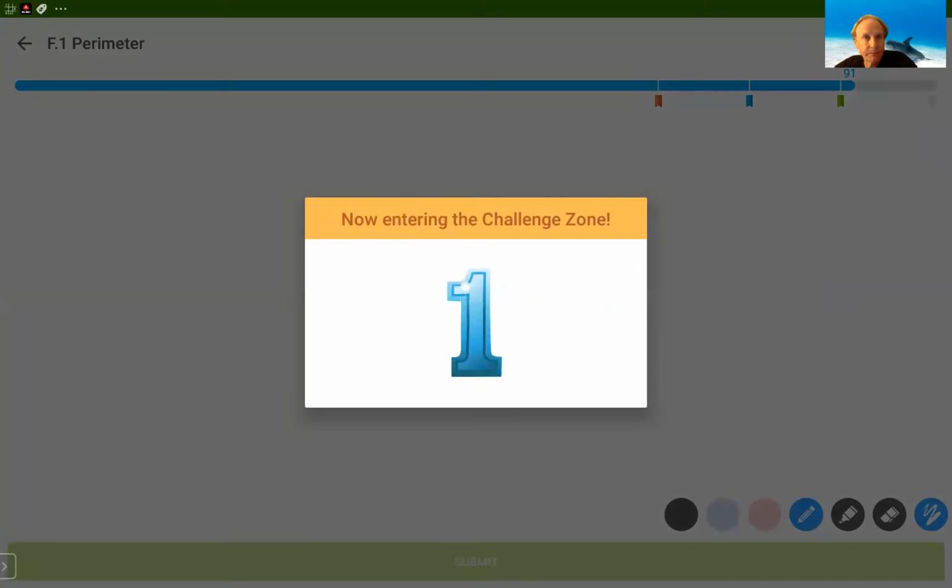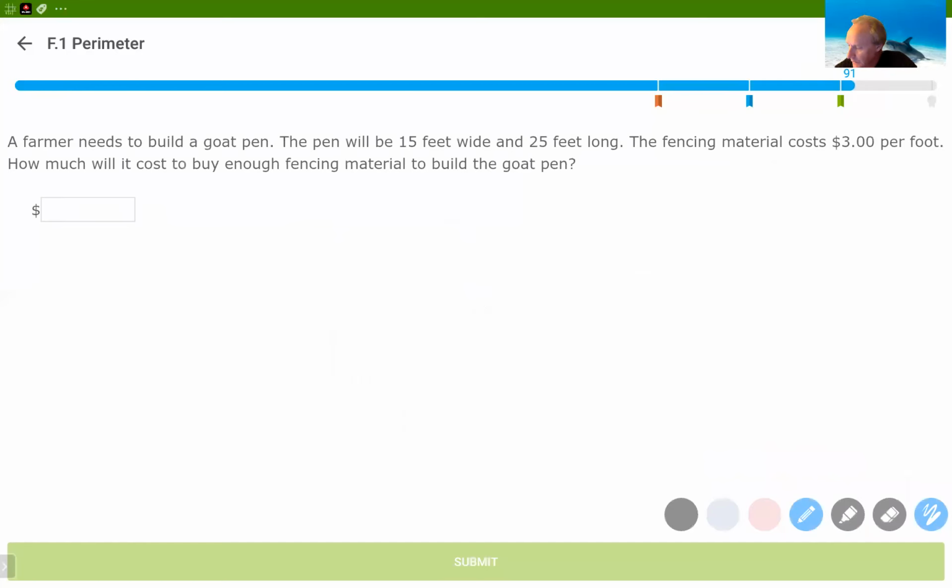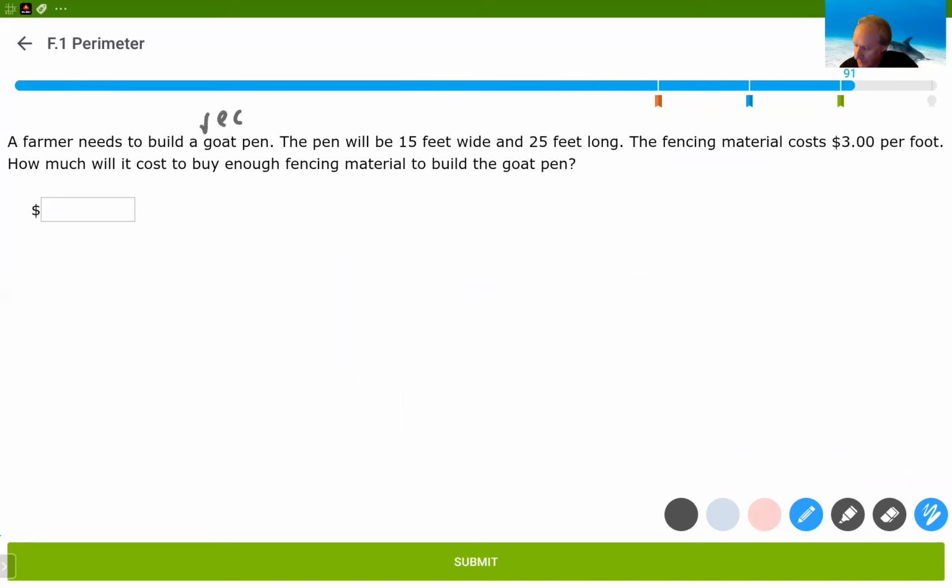Okay, finally. They should say rectangular, if that's what they mean. Sorry, I can't write on it. There. Build a rectangular pen. The pen will be 15 by 25. Again, same deal.